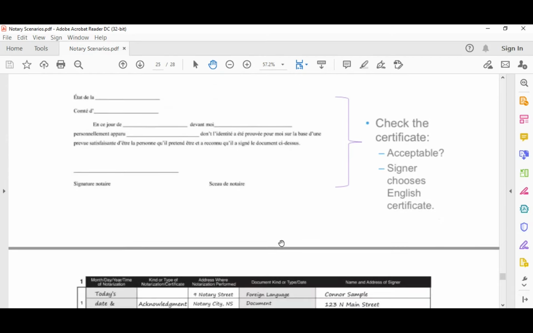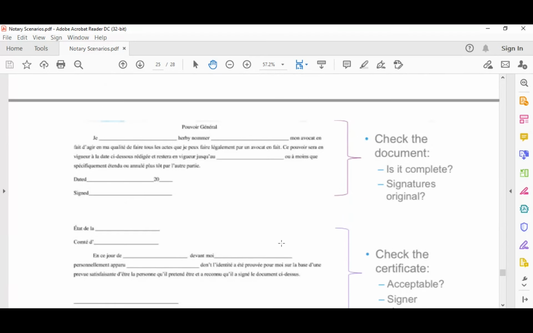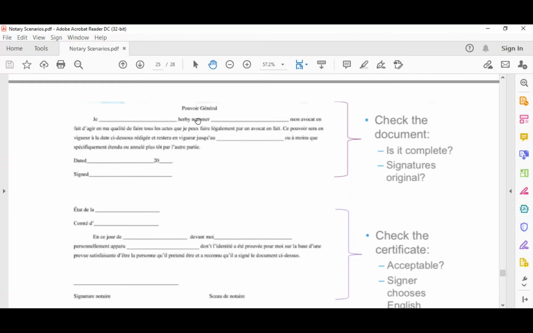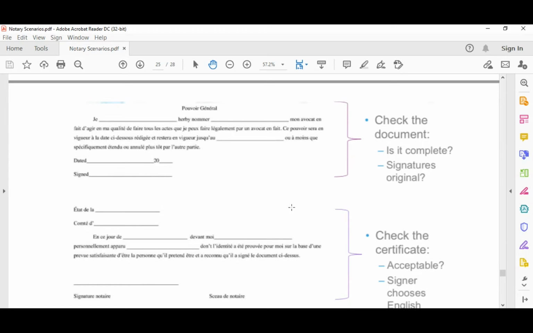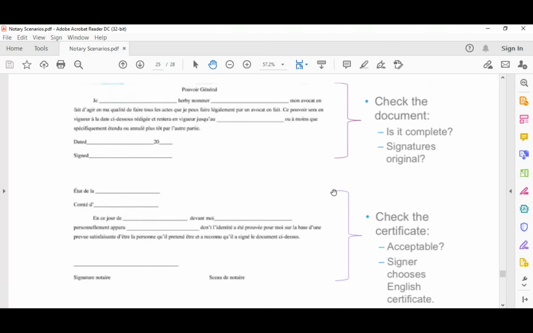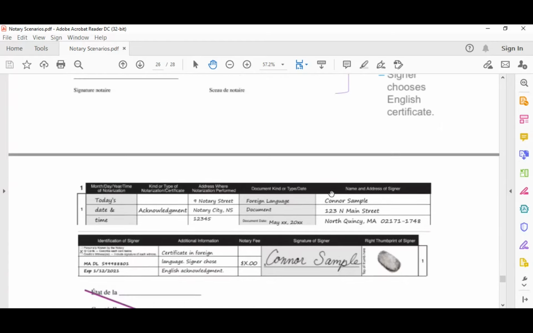So what's going to happen is, because you do have loose certificates and you can understand him, you have to ask him to choose which type of notarization he wants for his document, okay? So he's going to fill out the document and you're going to attach a notary certificate that is in a language that you understand, okay? Which will most likely be English, okay?